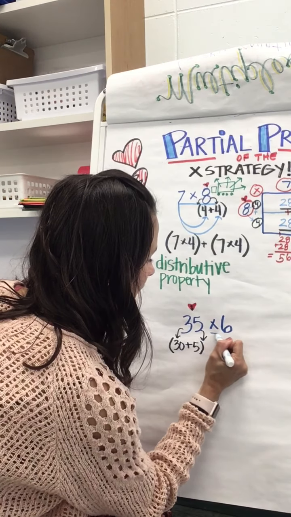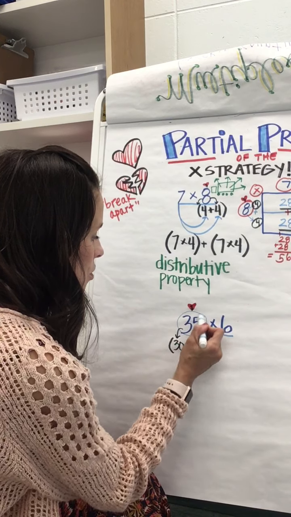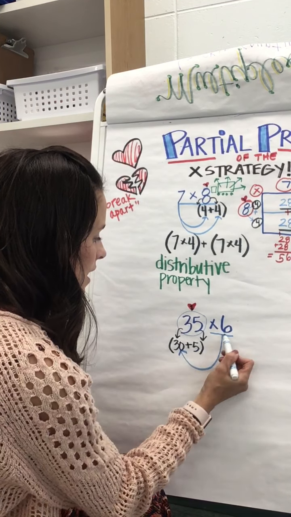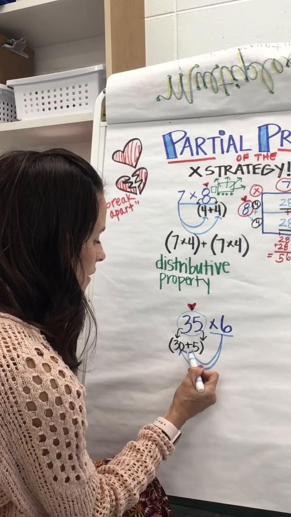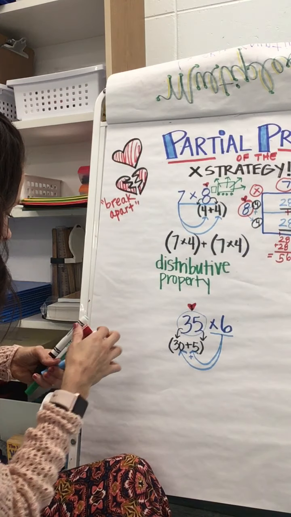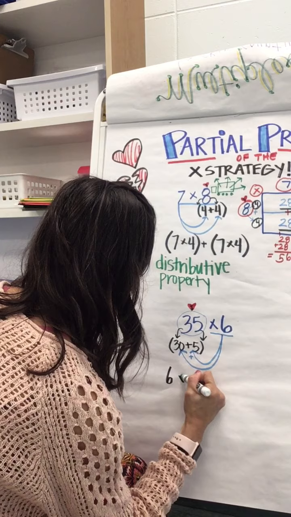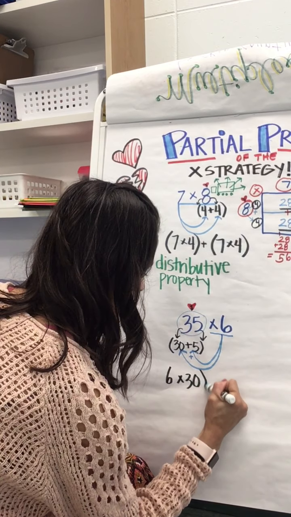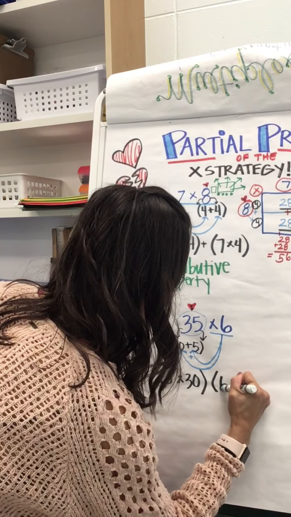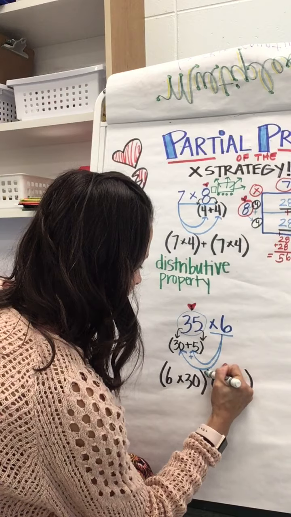What if I hand out this times 6? But instead of handing out the times 6 to the whole 35, what if I hand it out to the 30 and then to the 5 and I add them up? So really, I would be doing 6 times 30. I would also be doing 6 times 5, and I'd add them up.